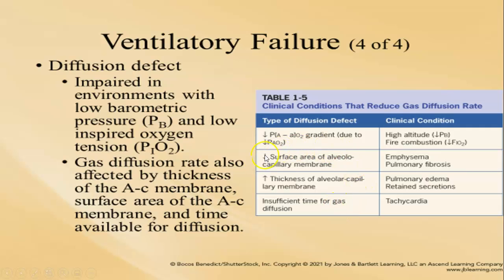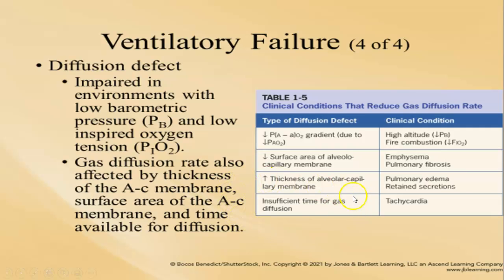Thickness of the membrane would also be pulmonary fibrosis, as well as edema or retained secretions. These people can't transfer gas because there's too much secretions, fibrosis, and fluid in the way, so the gas can't transfer due to thickness of membranes.